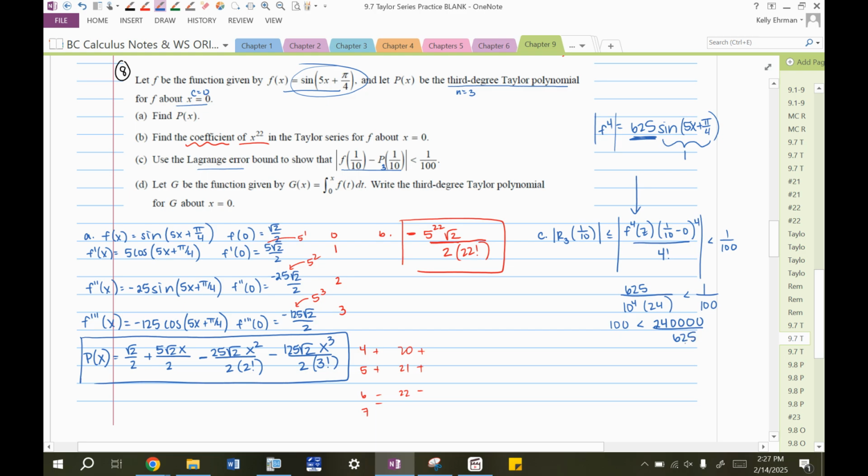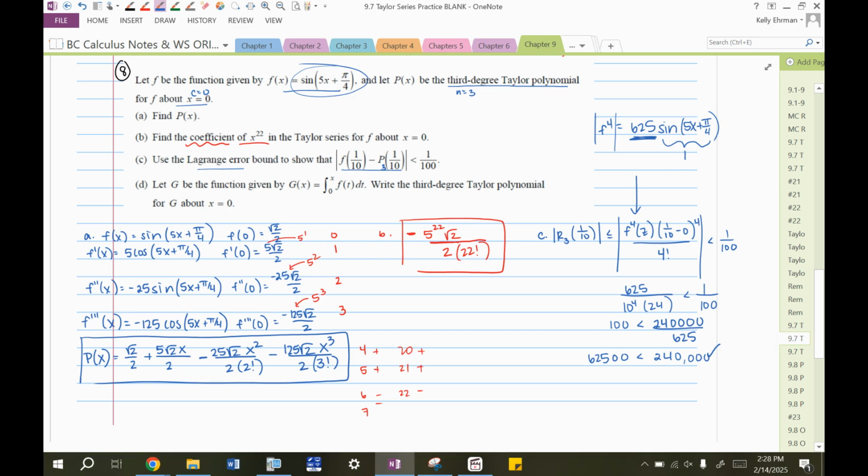And I can just kind of multiply this over, right? 625 with 2 zeros is less than 240,000. So I think that's enough to show, like, yep, this is a true statement. Or you could do the math on this and reduce and show that it's 1 over something more than 100. But I think that's enough for me to show that this math is valid.